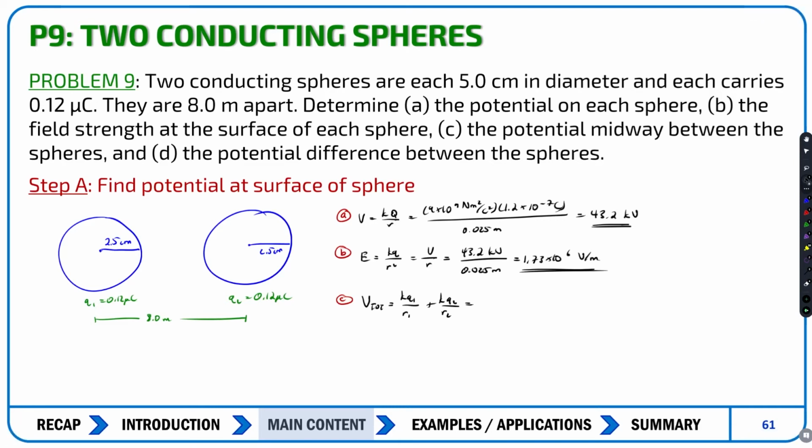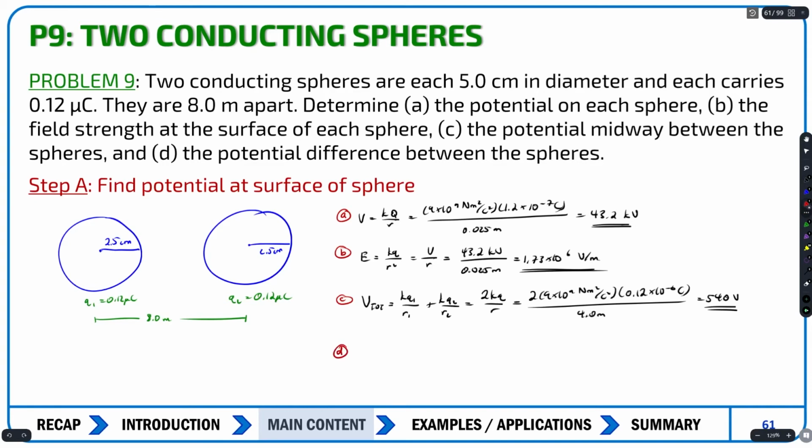Now remember Q1 is equal to Q2, so let's just use Q. R1 is also equal to R2, so we can just use R. So we have 2kQ over R, which is equal to 2 times 9 times 10 to the 9 newton meters squared per coulomb squared. Q is 0.12 times 10 to the negative 6 coulombs, divided by R, which is going to be 4.0 meters because it's supposed to be halfway between the two of them. And that is equal to 540 volts.